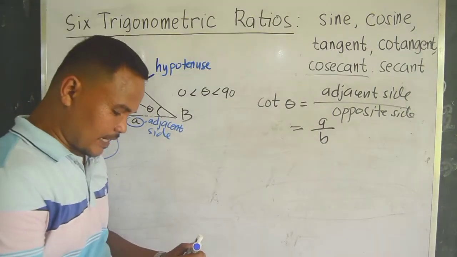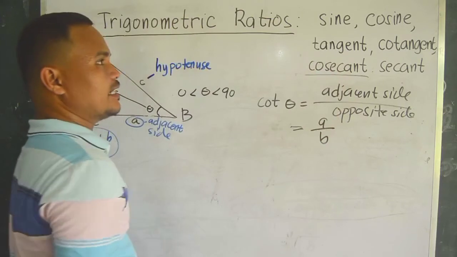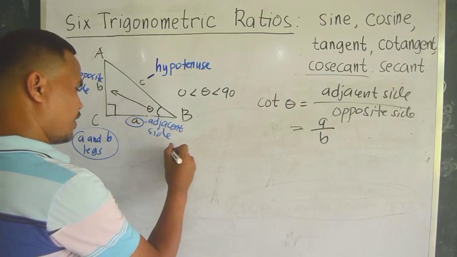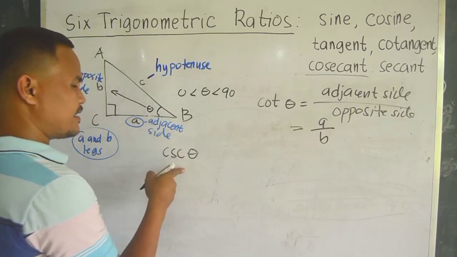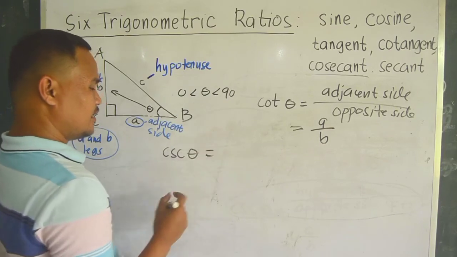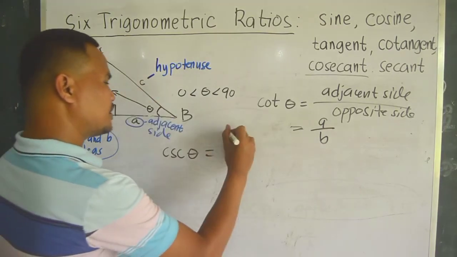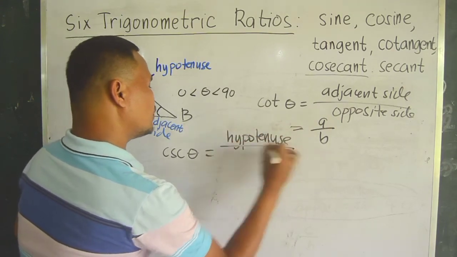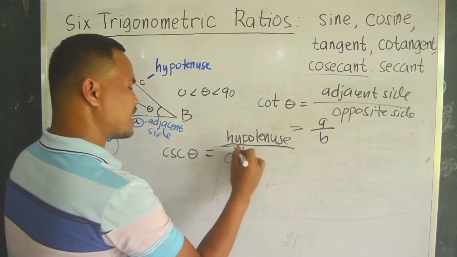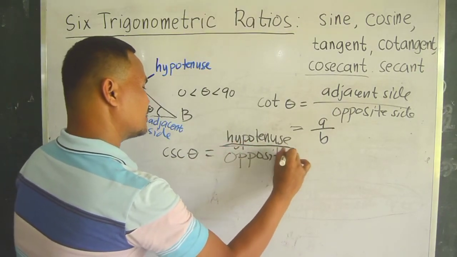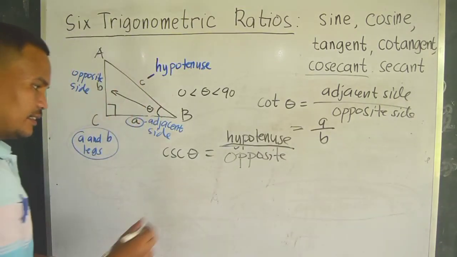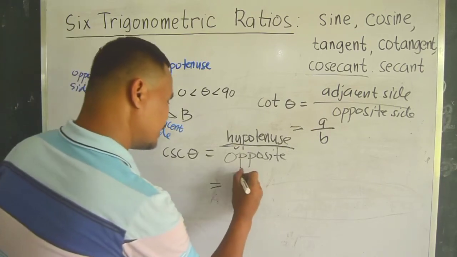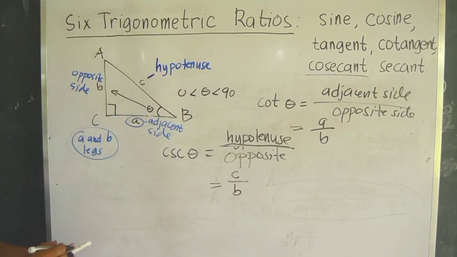Okay, cosecant theta is the reciprocal of sine. CSC is the abbreviation of cosecant. Cosecant is hypotenuse over the opposite side. So here cosecant theta will be C over B. That is cosecant.